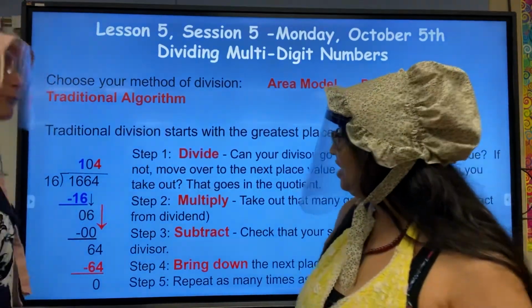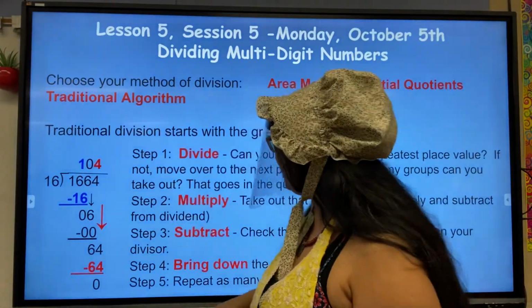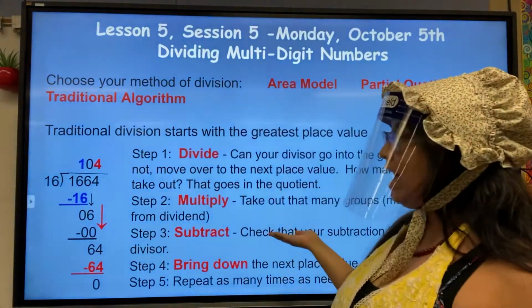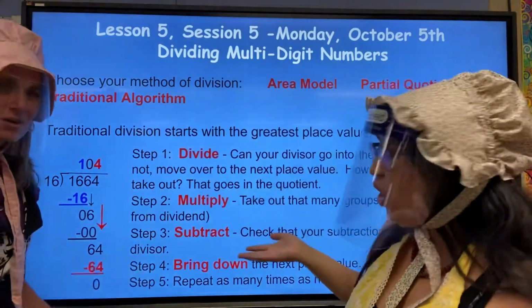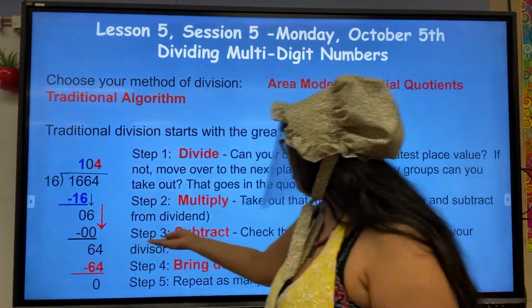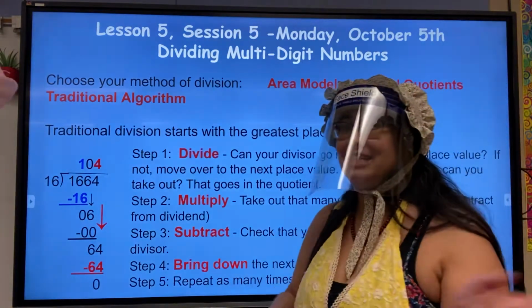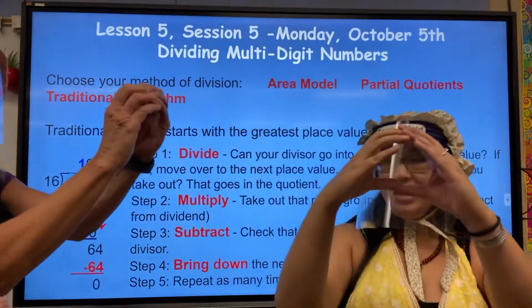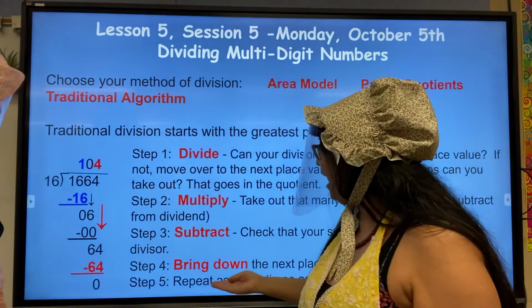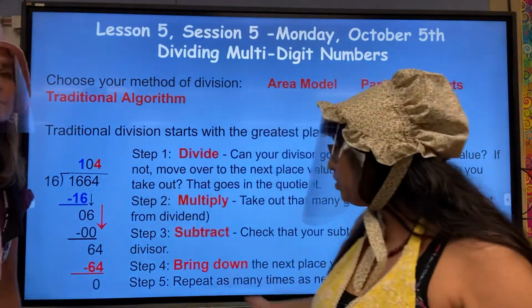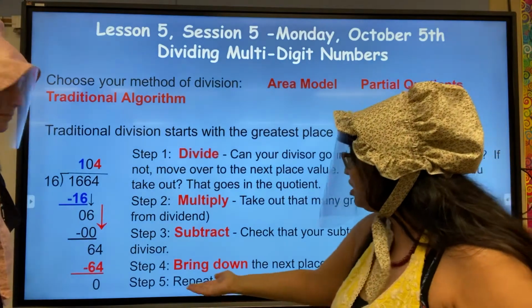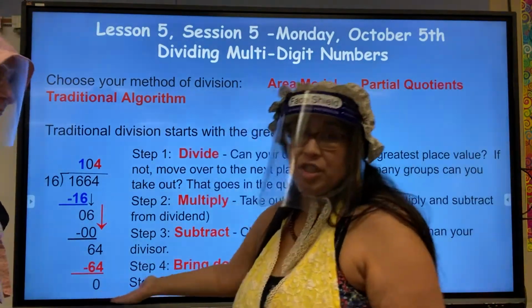I bet 16 goes into 64 4 times. I bet you're right. So we write that 4 up there, and then we multiply. Step 2, 16 times 4 is 64. So we write that there. We subtract, 64 minus 64 equals 0. And then I don't have anything else to bring down. We reach the end. So now I just look and I say, do I have any remainders?